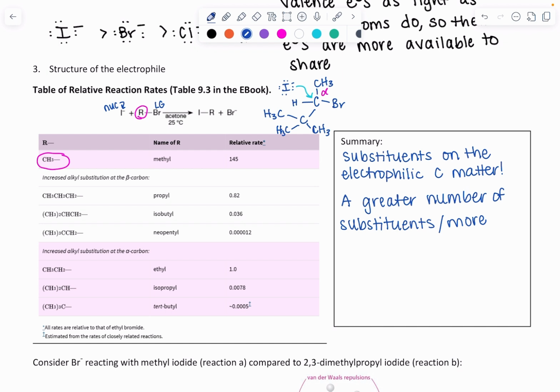So instead of a linear molecule, there's branching. This slows the reaction rate.